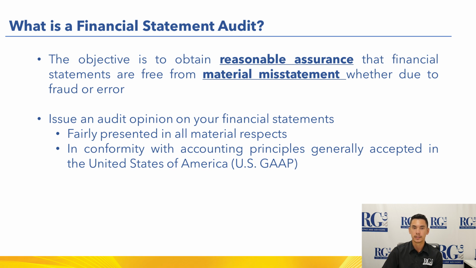As you can see in the slide, I've bolded and underlined a couple of key terms that I want to go over with you because I think it'll provide a little more context and clarity about the scope and objectives of an audit.